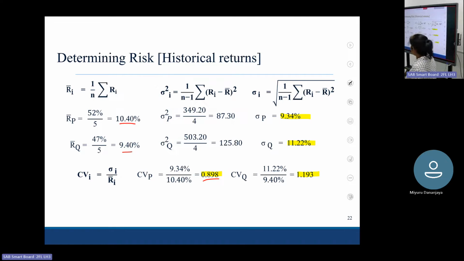But here this deviation is for this average return, and that deviation is for that much average return, so you cannot compare. So you have to look at the coefficient of variation. If you are a risk taker and going to invest in the risky one, you may select this.